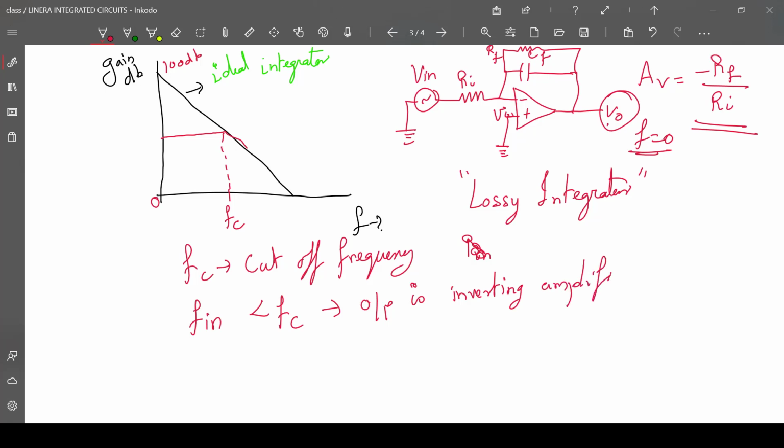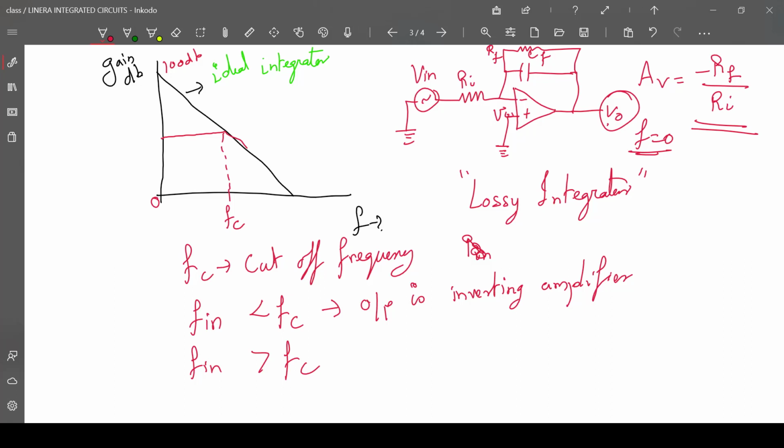When the input frequency is less than the cutoff frequency or corner frequency, the output will be that of an inverting amplifier. When the input is greater than the corner frequency, during that time the output will be that of an integrator circuit.